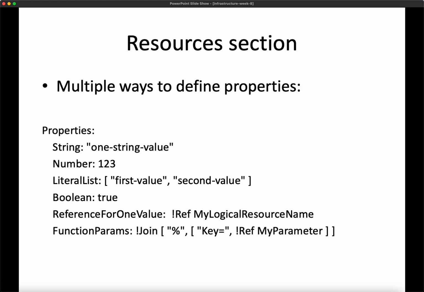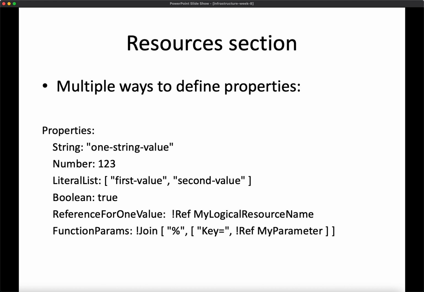And you might be asking yourself the question, well, how do I know what properties to specify for any given CloudFormation resource? And the answer is that you really need to look at the documentation, because every single AWS resource has its own unique set of properties and expected values.